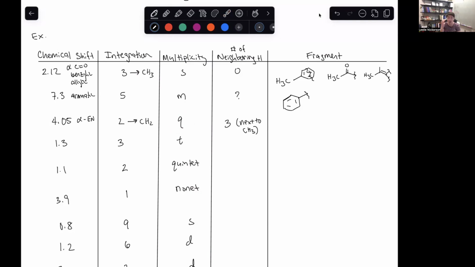And then that starts giving us a really nice fragment. It also gives us an end point, like a terminal, right? That terminal is our methyl group because that can only be attached on one side. It can't be attached anywhere else.